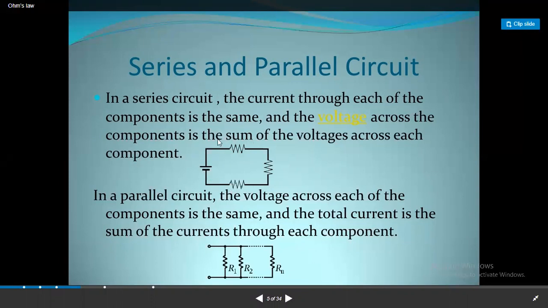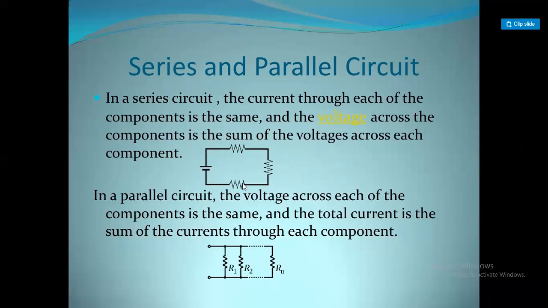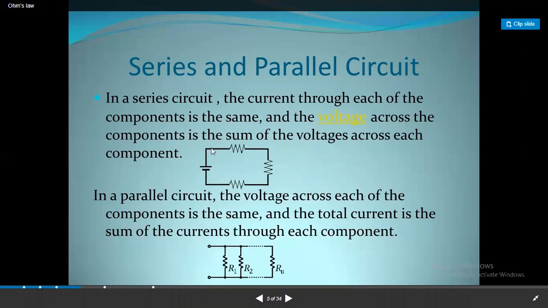That is how it shares; we will learn the voltage sharing a little bit later. So in a series circuit, the resistors are connected one after the next, the current is the same throughout the circuit, and the voltage given by the cell is shared among these resistors.